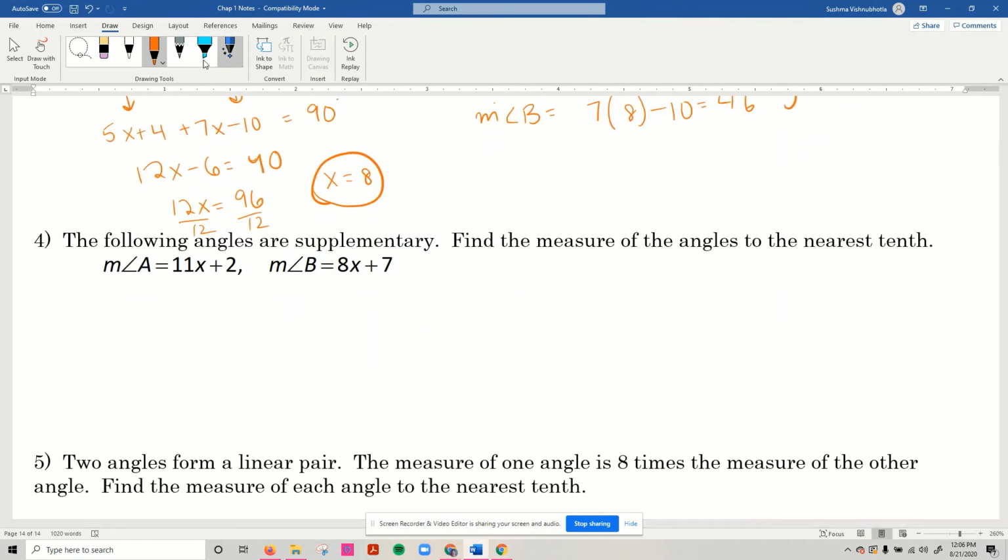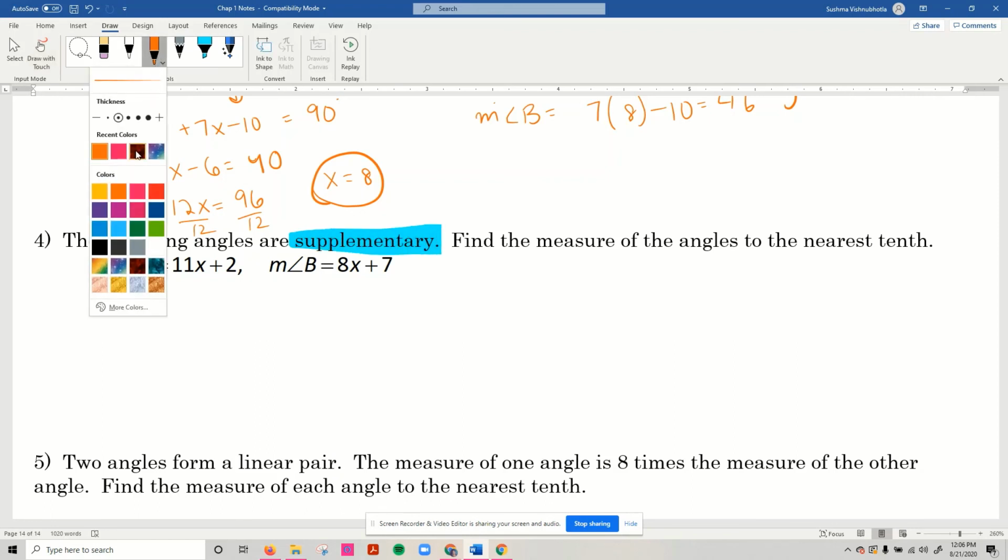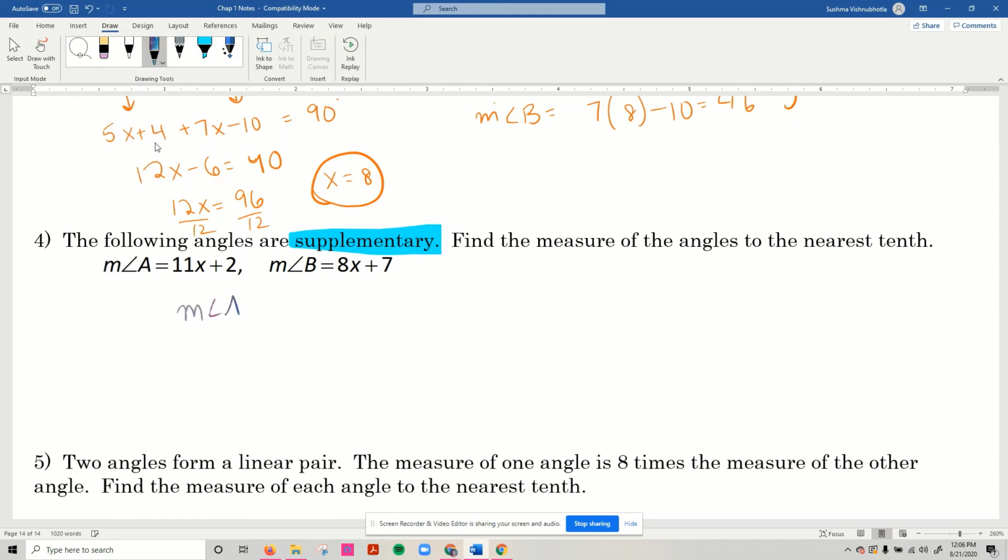Second to last example is the same idea, but they're supplementary. Okay. So I'm going to let you do this one. The equation that you would set up again is the measure of angle A plus the measure of angle B is 180. And instead of angle A, you'd put 11x plus 2 plus instead of angle B. Okay. Combine like terms.